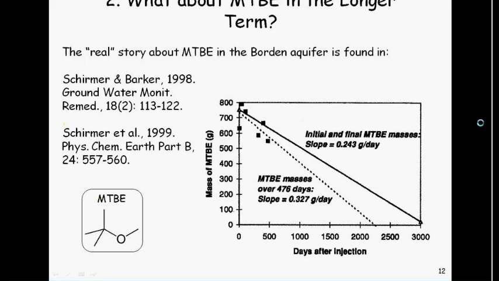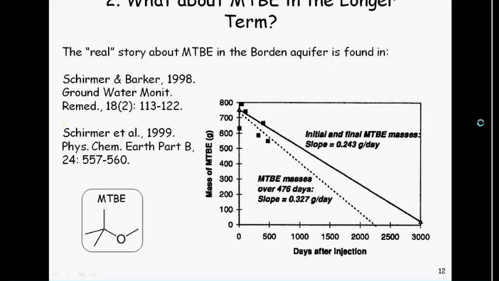So Mario Schirmer, a PhD student at the time, said, well, I think I can find the plume. It's Borden. It should be quite predictable. Groundwater flow direction seems constant. So we ran a simplistic model. MTBE was conservative, so it was an advection-dispersion model. And we said, well, now the MTBE plume should be out there.